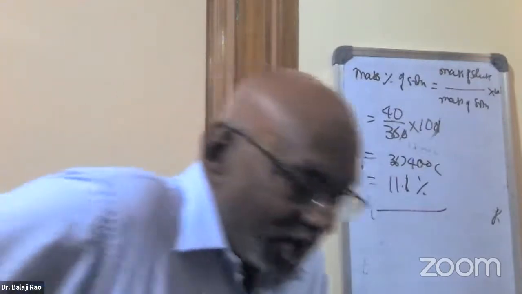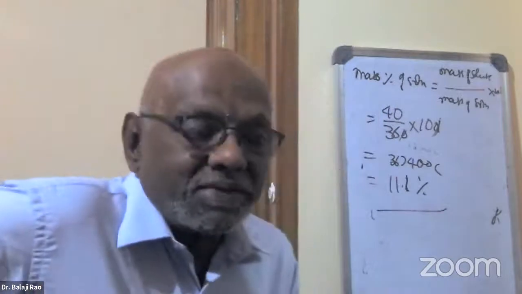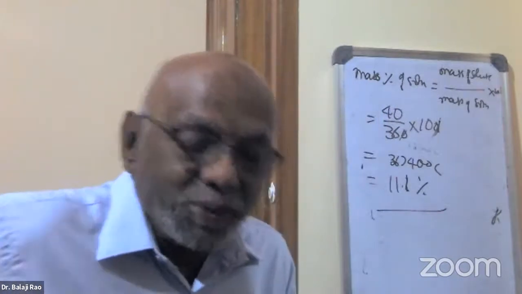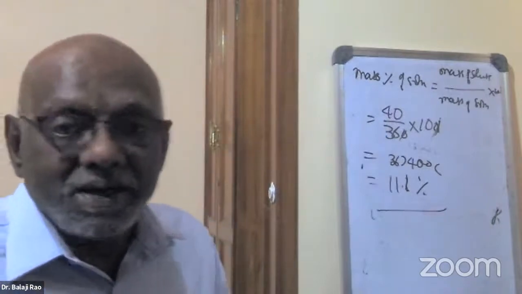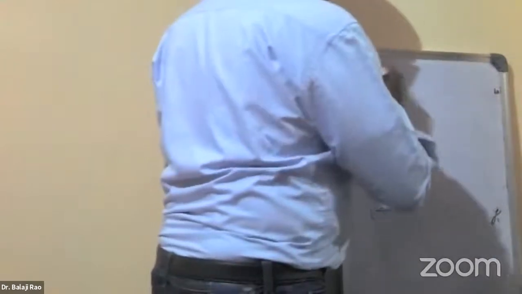Now, the colloids exhibit certain very important properties. One of the properties, which is very, very crucial to us, is called Tyndall effect. We have all seen Tyndall effect, but we have not probably recognized it.